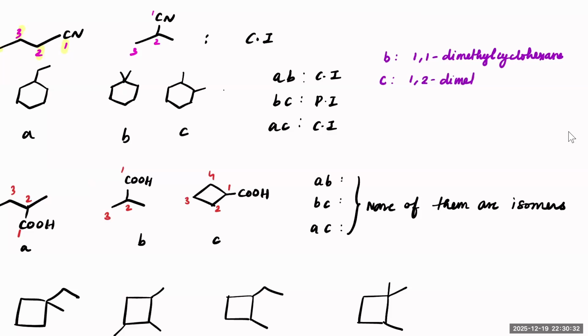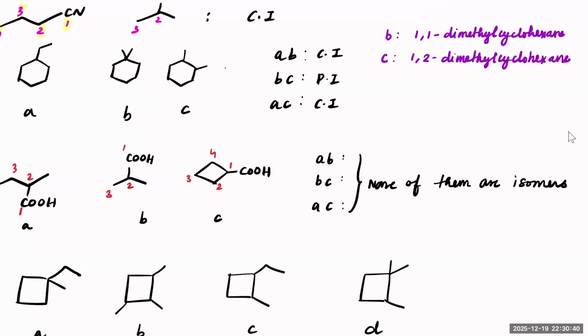Is it just the positional difference? Correct. As far as the side chain naming as well as the main chain naming, everything is the same. So if that is the same, you call it positional isomers. And that's why B and C are positional isomers.